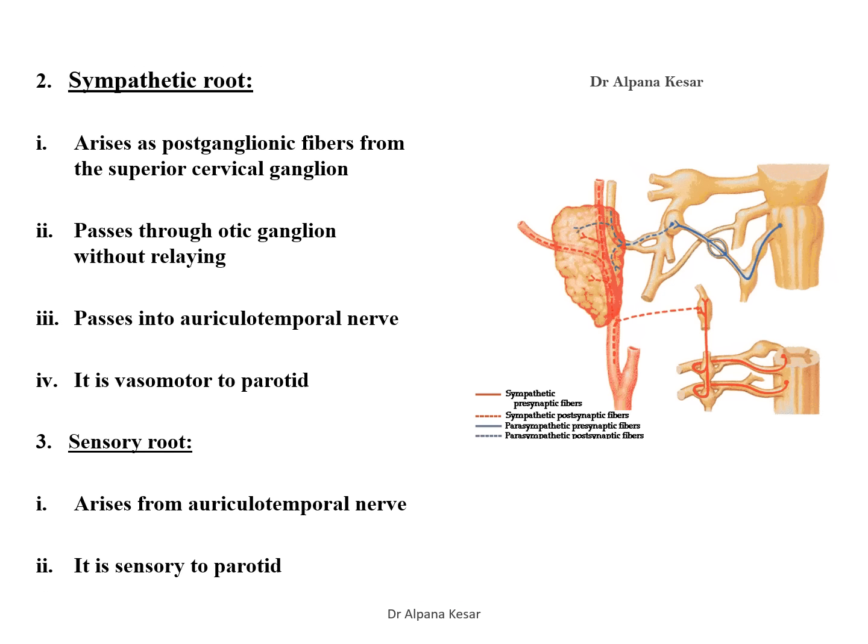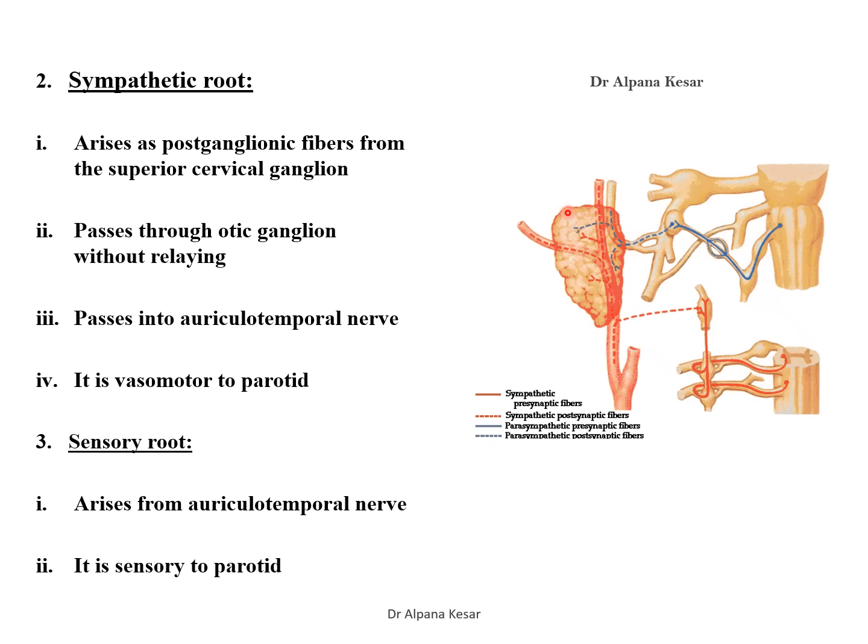Sympathetic root of otic ganglion. The postganglionic fibers arise from the superior cervical ganglion. These fibers pass through the otic ganglion without relaying into it. The fibers further pass into the auriculotemporal nerve to reach the parotid gland.